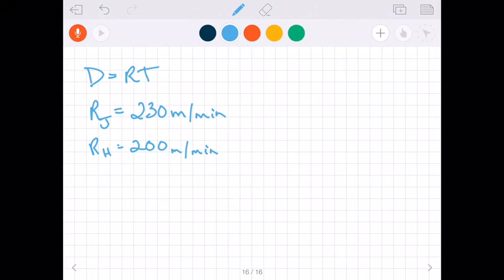All right. Well, we know that D equals RT. And what we're trying to figure out is at what point in time will Jeanette's distance equal Harry's distance plus 210 meters.